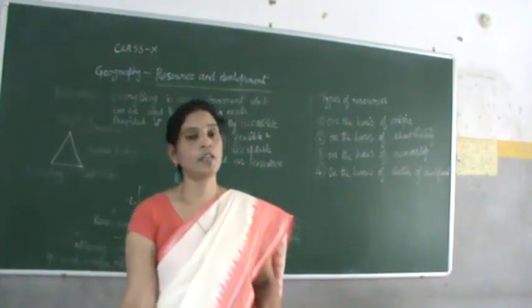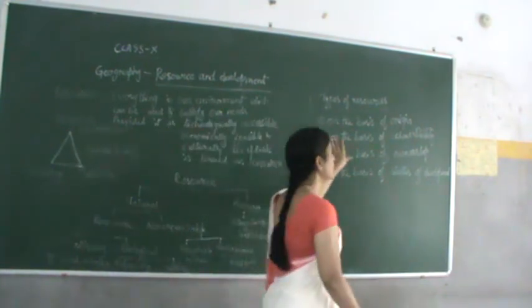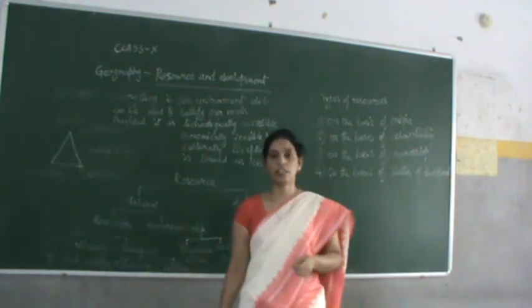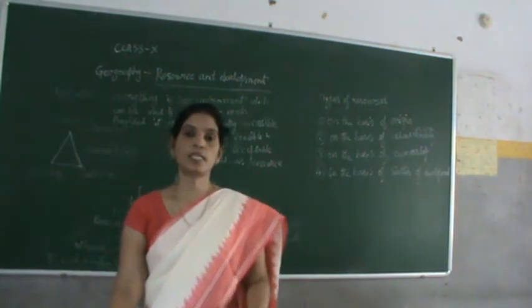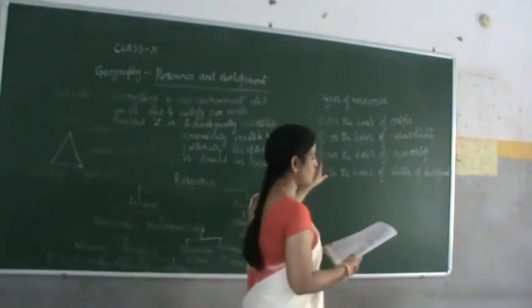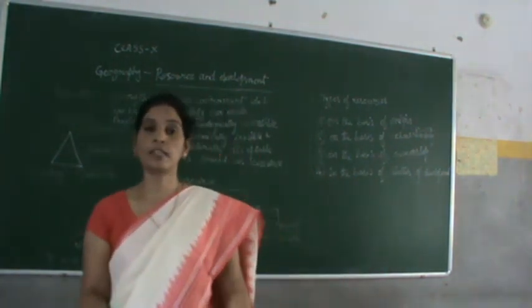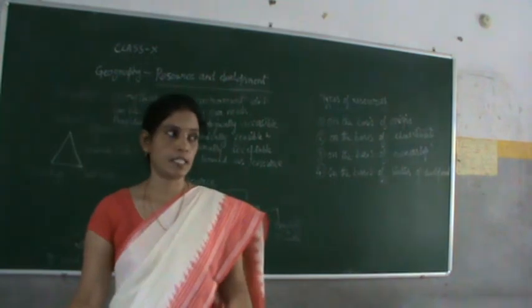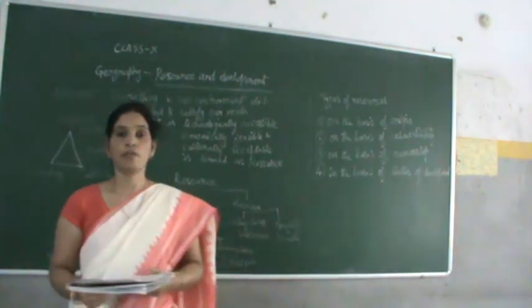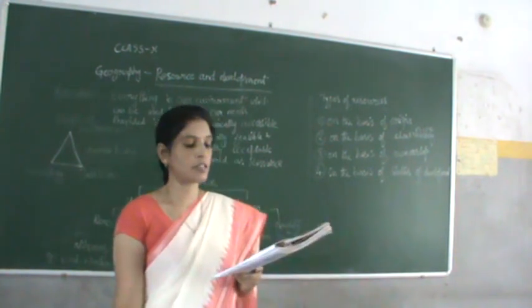On the basis of exhaustibility, they are classified into two types, renewable and non-renewable resources. Renewable resources are those resources which can be renewed or reproduced with the help of physical, chemical and mechanical changes. We have seen examples of wind, water, metals, etc. Then non-renewable resources.